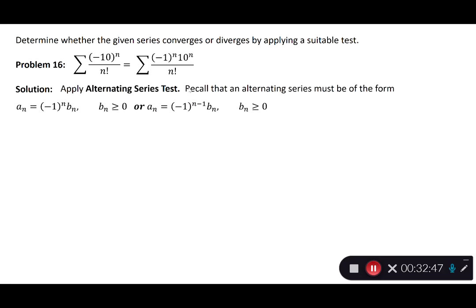Okay. See, b sub n must be greater than or equal to 0 all the time. So we will look at this as (-1)^n times b sub n, with b sub n being 10^n over n factorial. That's the key. And the limit of b sub n is the limit of 10^n over n factorial. Cool?